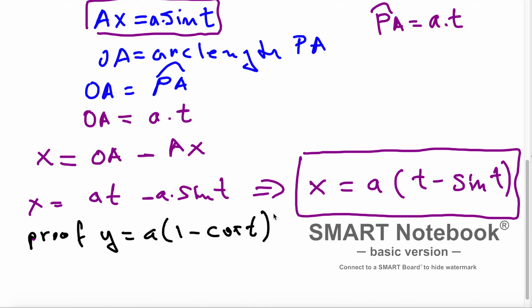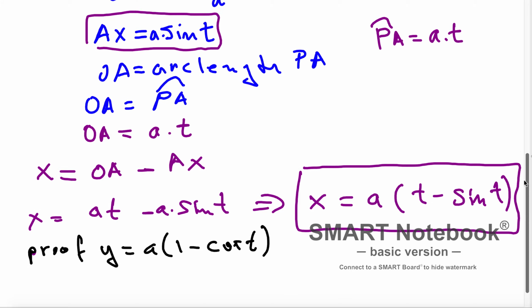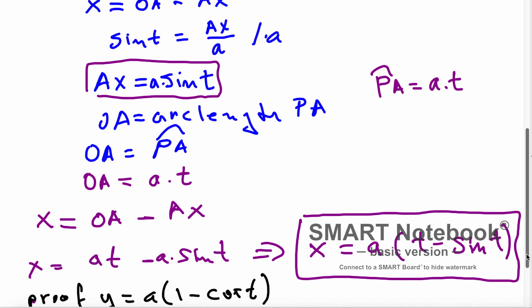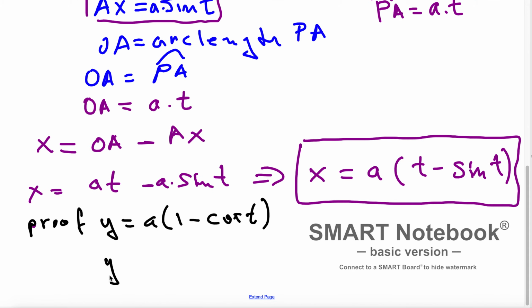From the figure, y is equal to AC minus BC.